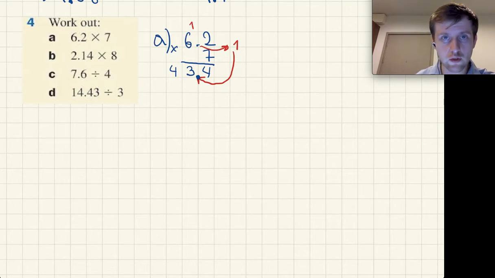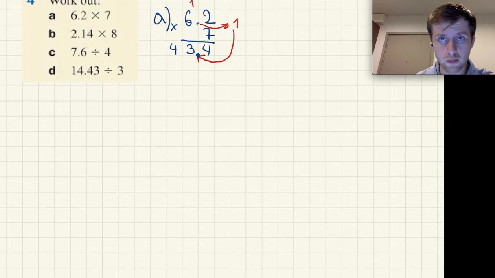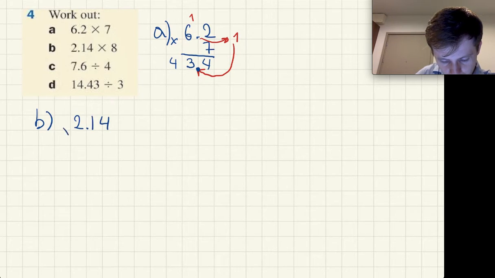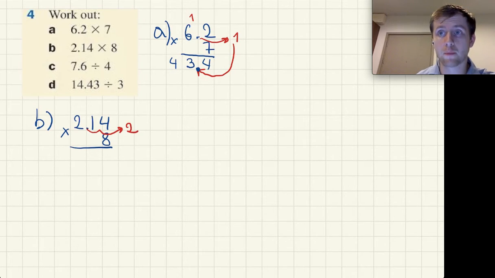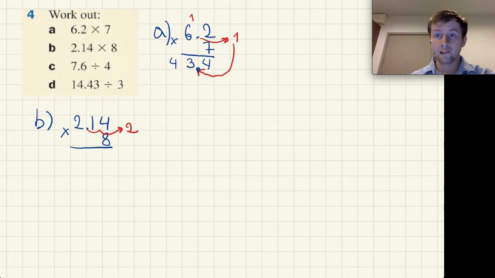And let's do B as well. I think we can do B here. 2.14 times 8. So we take the point out, but remember this time it's 2 steps. We took the point 2 steps out. Let's figure it out.